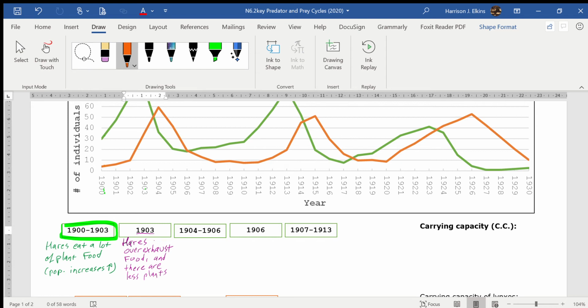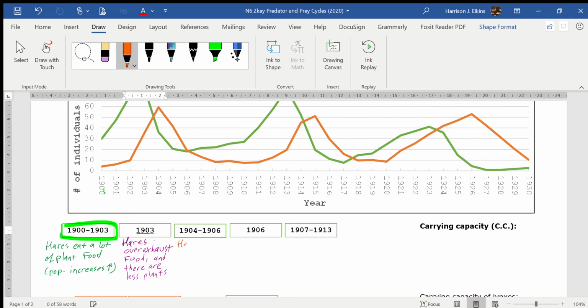So they start decreasing because there might not be enough plants for them to continue to breed, and as they start dying, and even if babies are born, they might not have enough food. So as they start dying, we see the hares decrease.